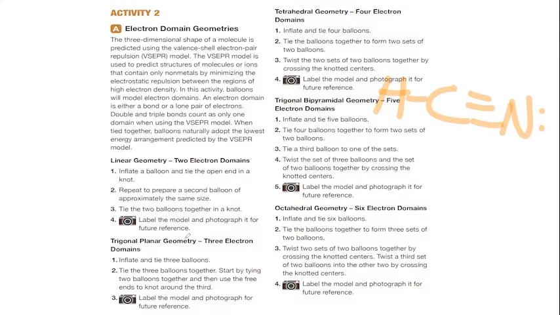Nope. Now remember, a domain is a region. It's an area where there's electrons. They didn't say how many electrons are going to be in that region. It's just a region where you're going to find electrons. So how many regions around that carbon will we find electrons?